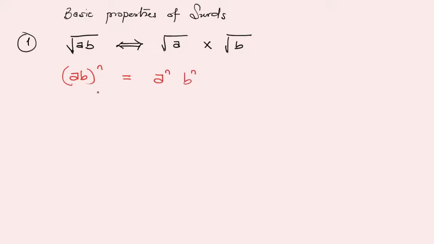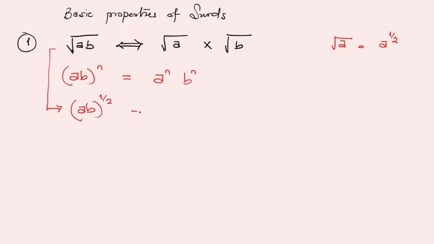This was one of the things that we learned when we looked at indices and the laws of indices. And so if we apply that here, we know that the square root of a is the same as a raised to the power half. So definitely the square root of ab is equal to (ab) raised to the power half.